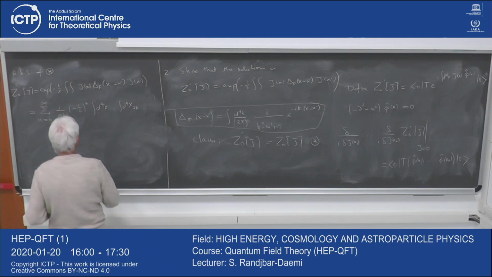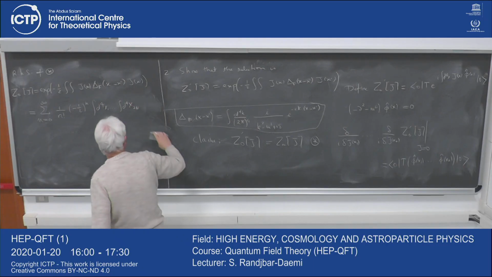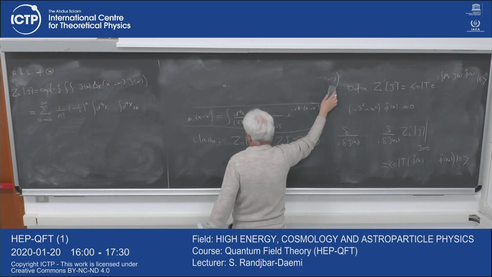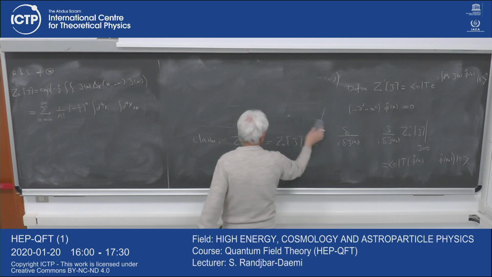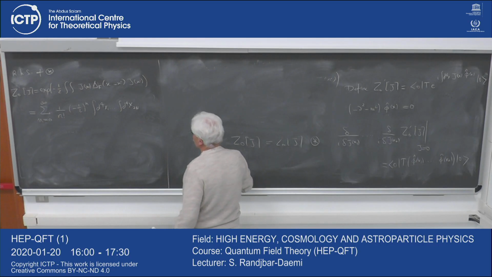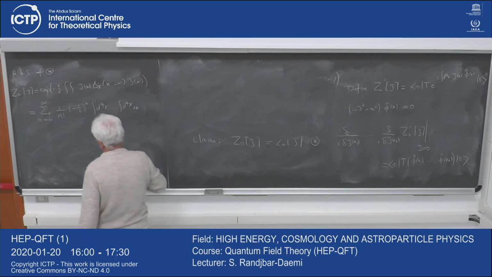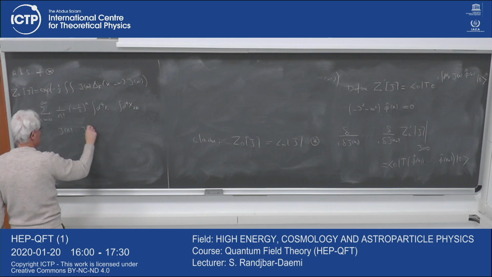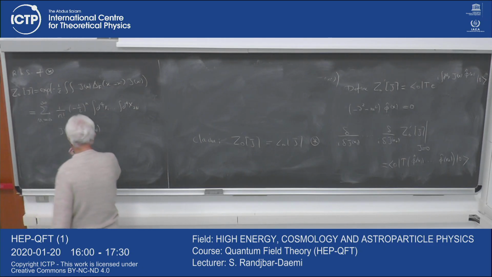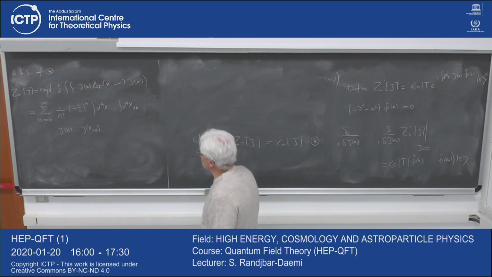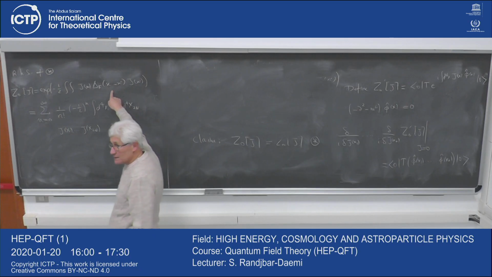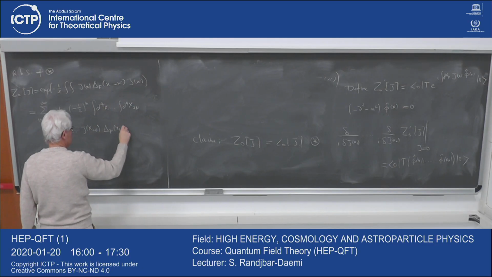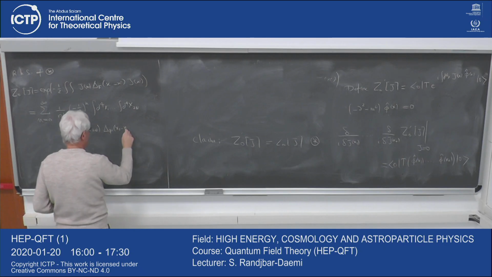And then we will have n powers of J squared, that means J(x1) to J(x2n), multiplied by n powers of this propagator, the Feynman propagator, between them.